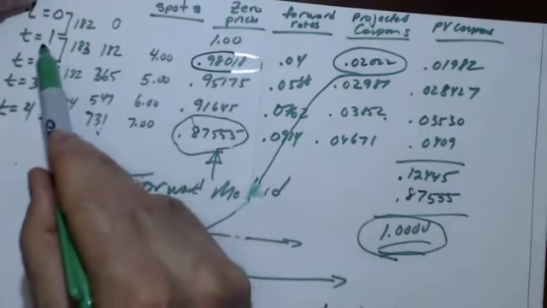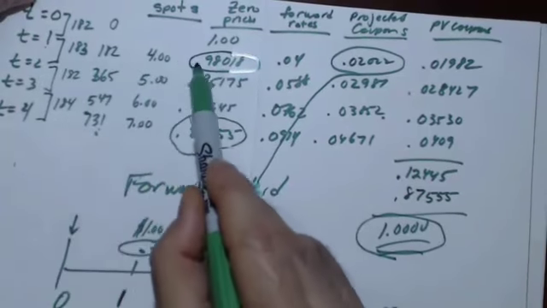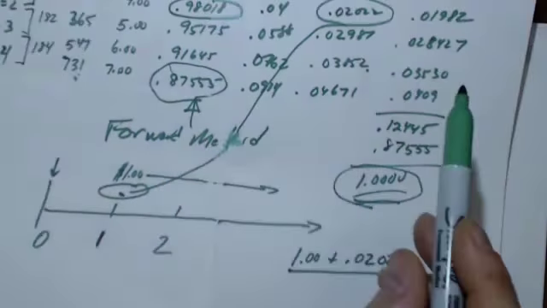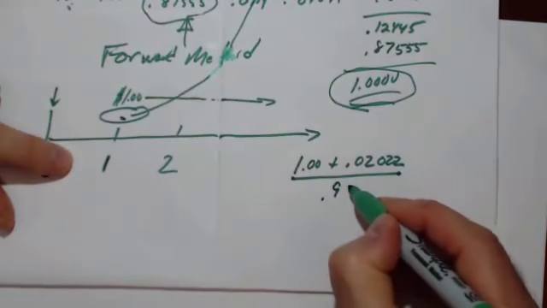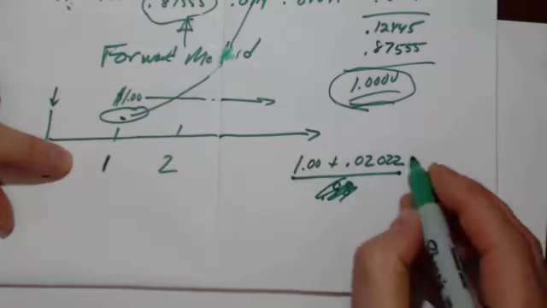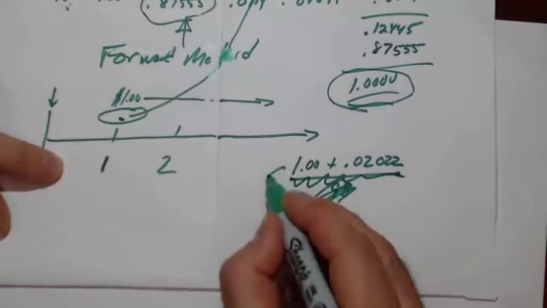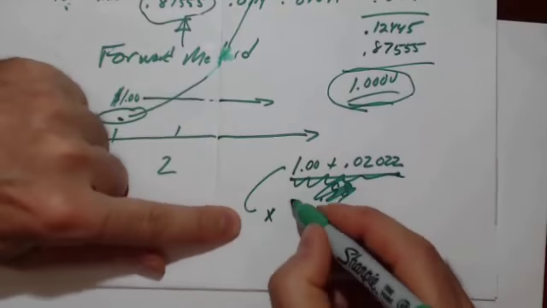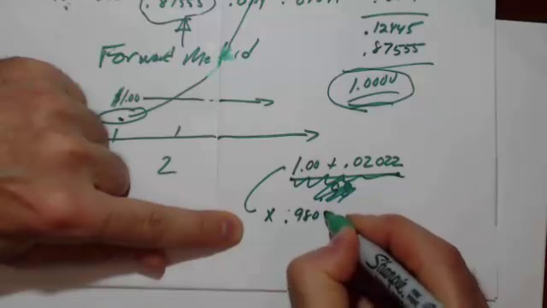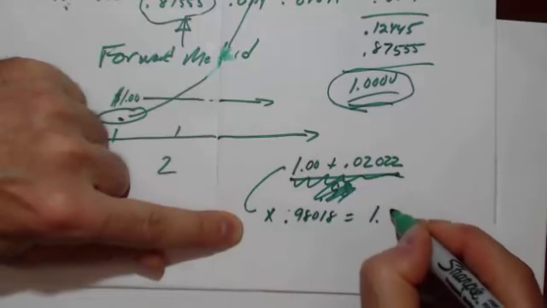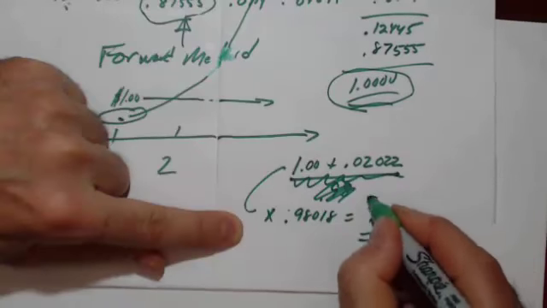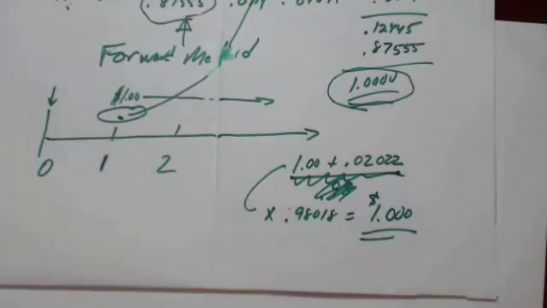The appropriate discount rate for period 1 is the 0.98018. So divide it by 0.98. Oh, I'm sorry, multiply. Back up. Multiply this by 0.98018. And what do we get? We get $1. This thing is worth $1. That's the short method.